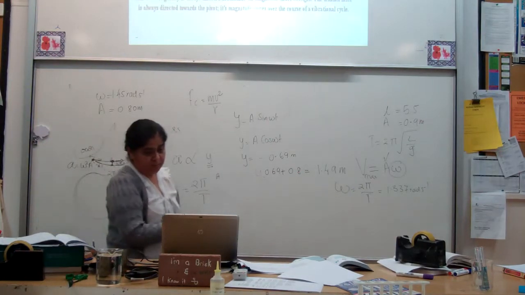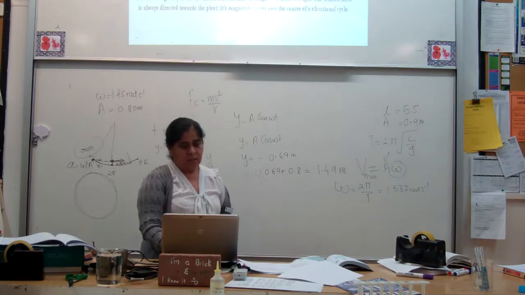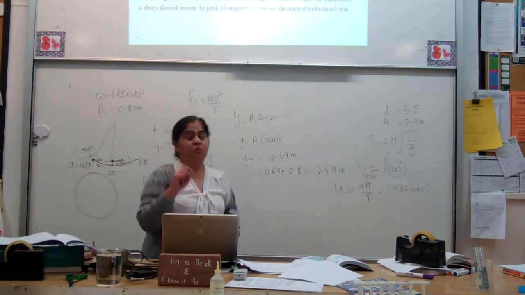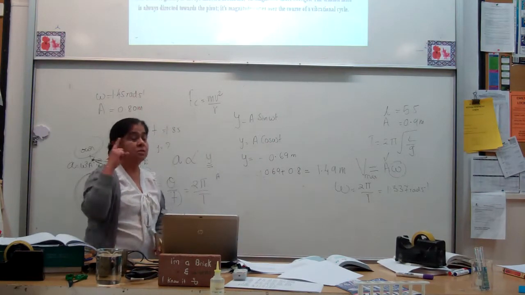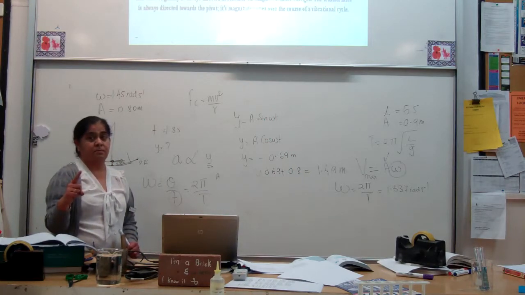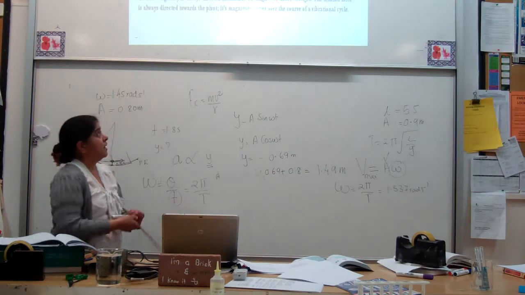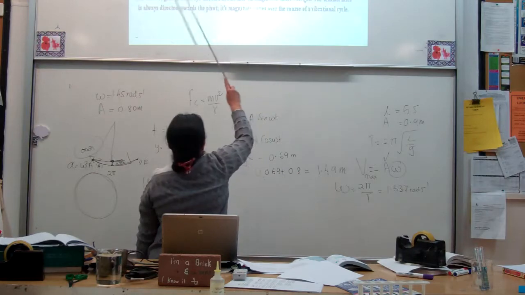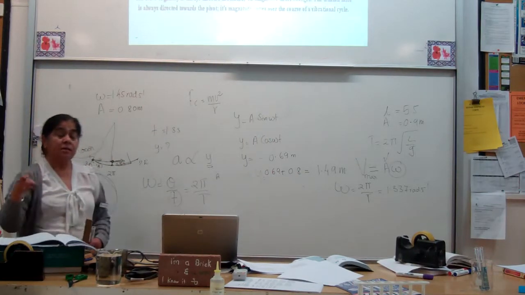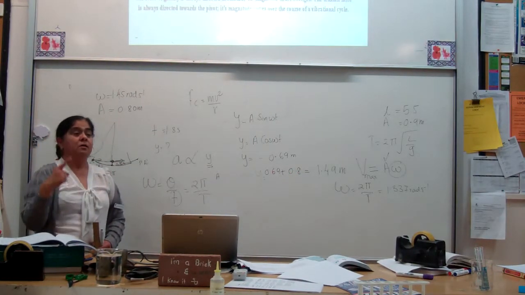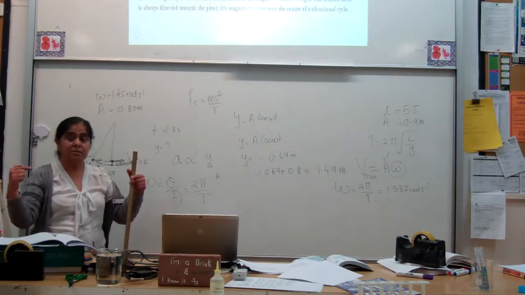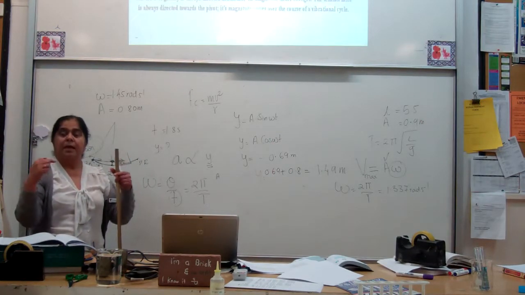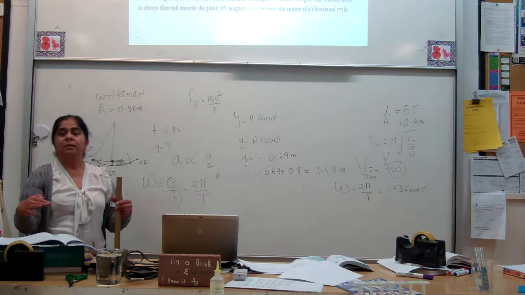Another thing to remember here is restoring force. The restoring force is not centripetal force. Please remember that. I said centripetal force is 0 there, but that's not the case with the restoring force. Restoring force was maximum at the extremes and minimum in the middle.